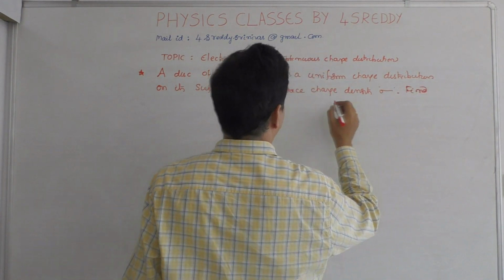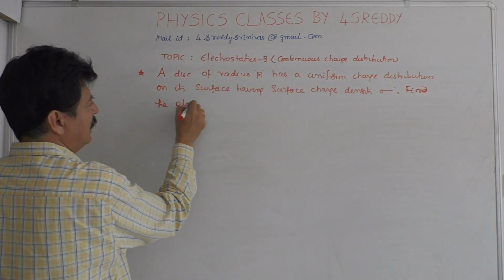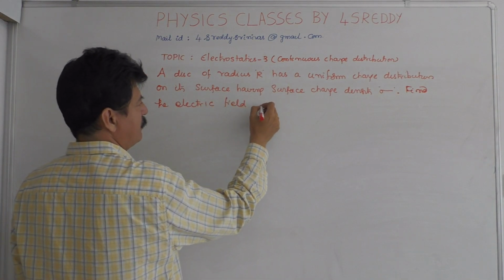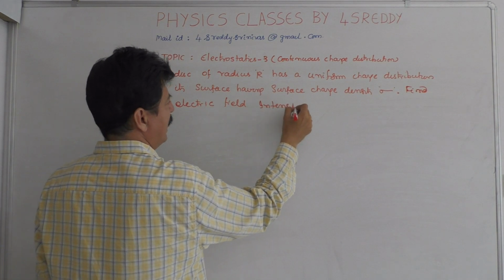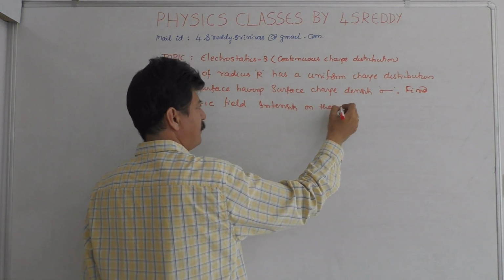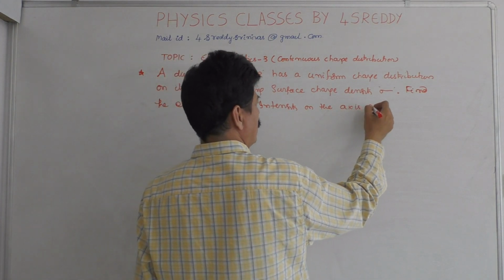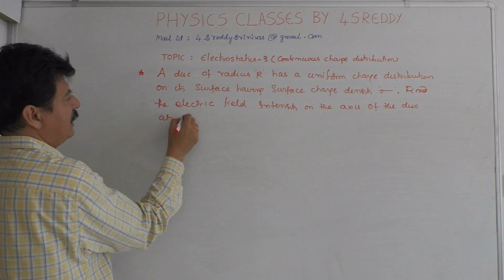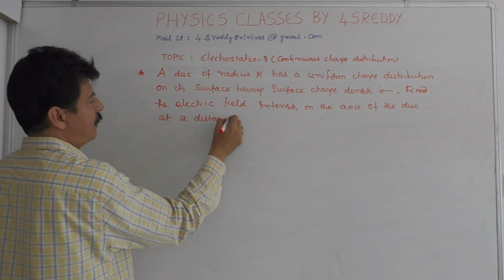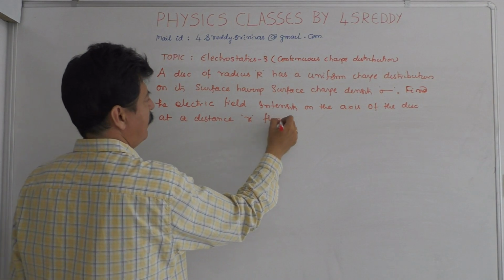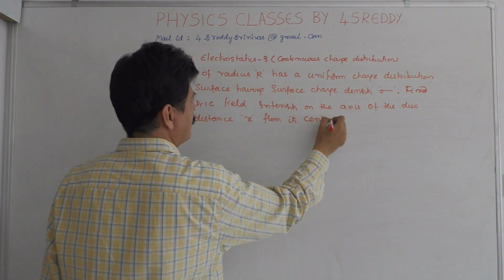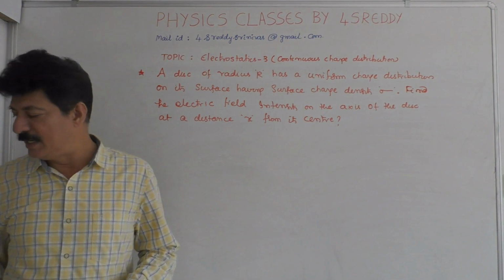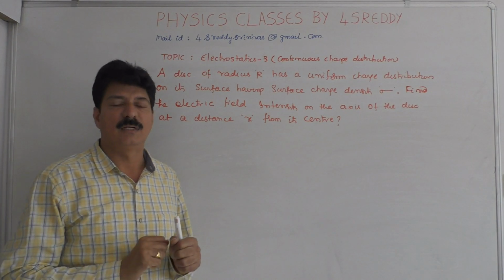Find the electric field intensity on the axis of the disk at a distance x from its center. At a distance x from its center, that we are going to calculate.